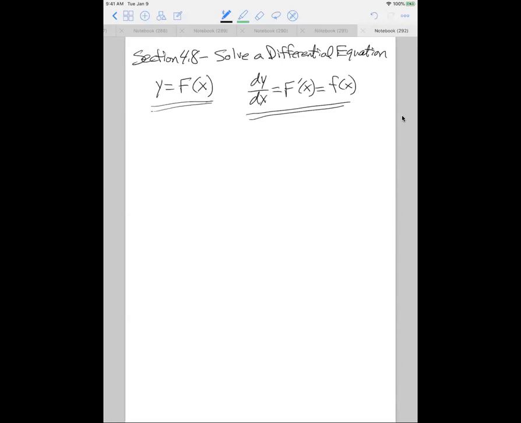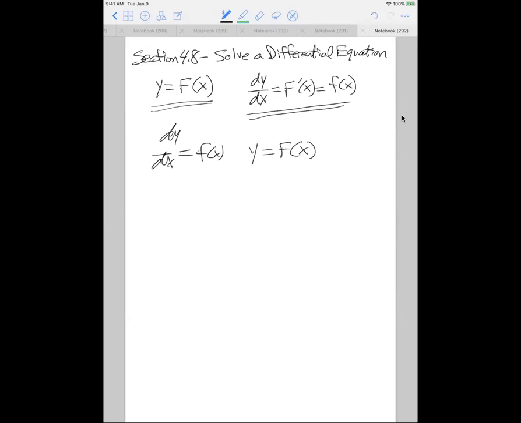The way they put it is that dy/dx equal to lowercase f of x is an example of what's called a differential equation. The solution of the differential equation is actually a function.